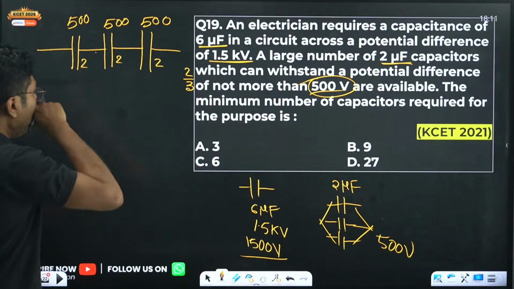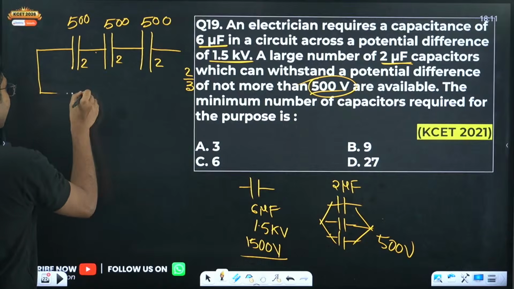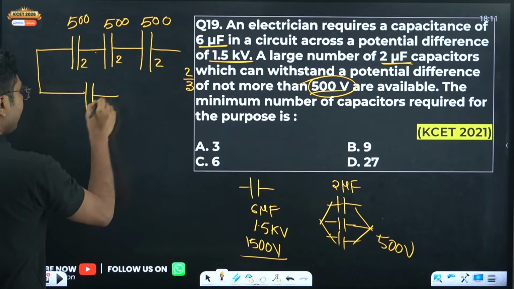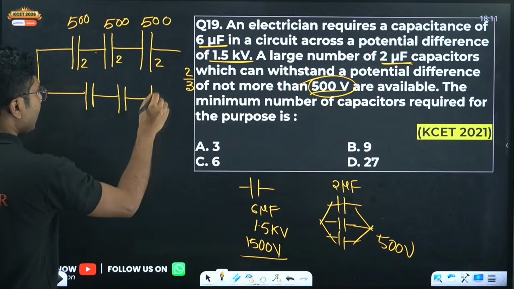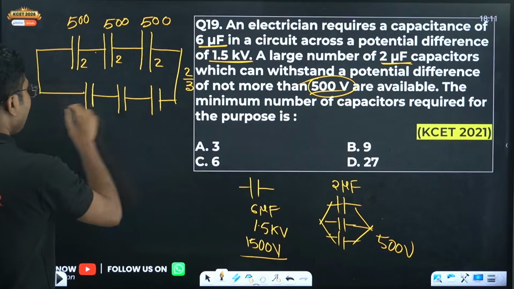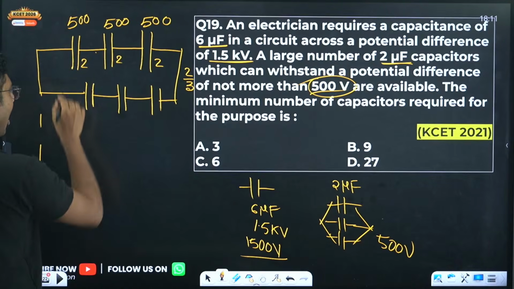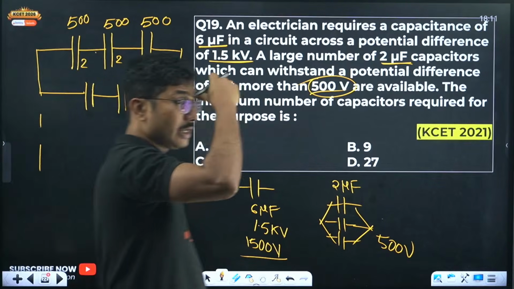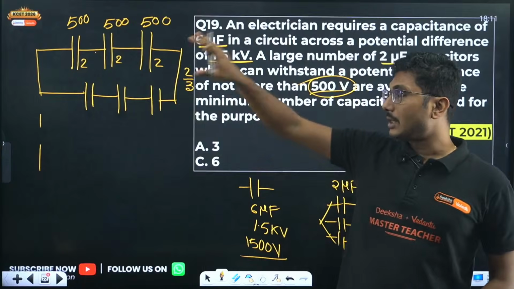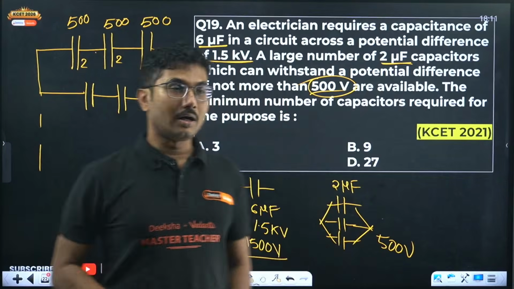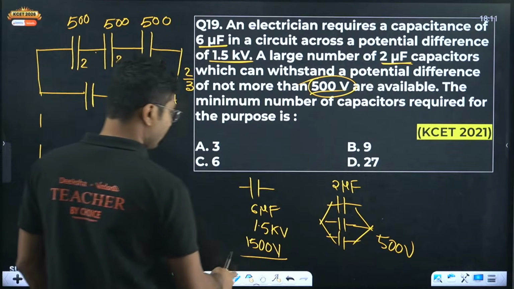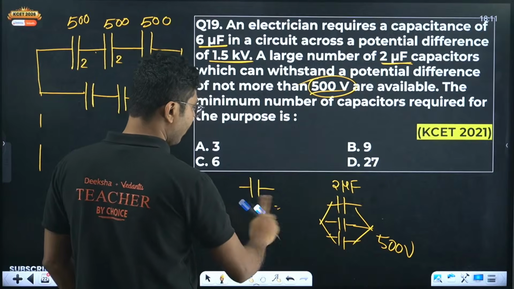Now we need to use this combination one by one, and find how many such rows are required to make a 6 microfarad capacitor. So our target is still 6 microfarad.